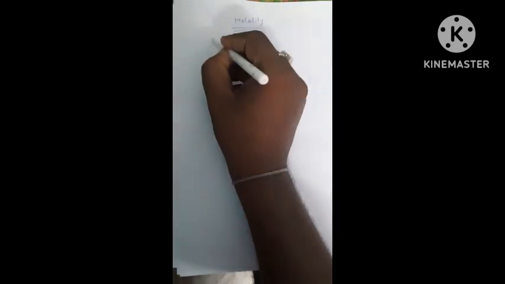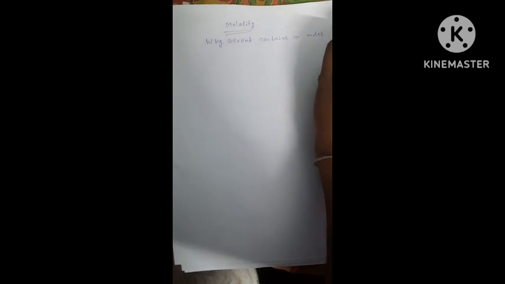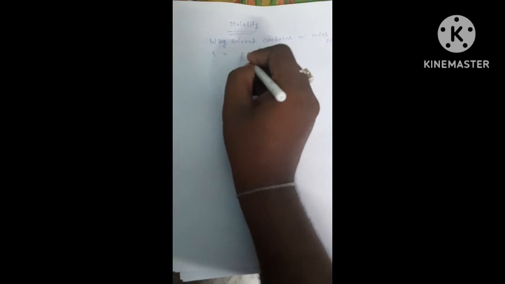So let us take that there is W kg solvent, and this W kg solvent contains n moles of solute. Then 1 kg solvent will contain how many moles? n by W moles of solute.